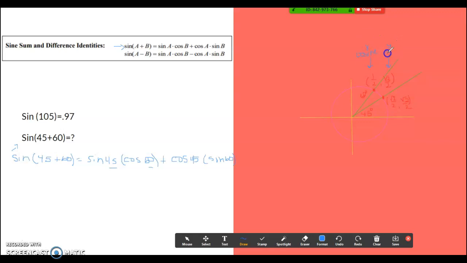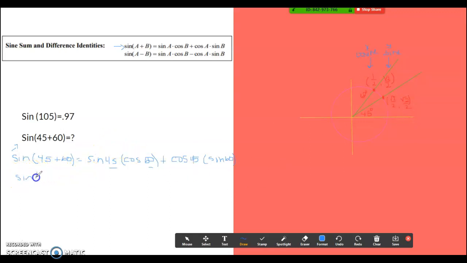So we know that the sine of 60 degrees is radical 3 over 2, the cosine is 1/2, and the sine of 45 is radical 2 over 2, and the cosine is radical 2 over 2. So let's go ahead and substitute those values into our equation.